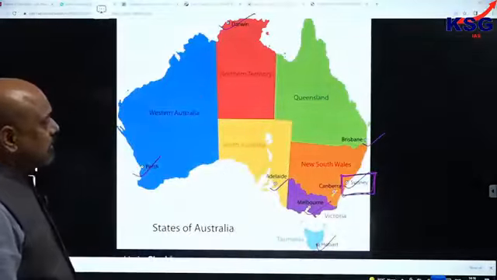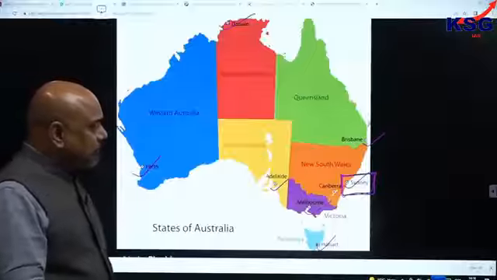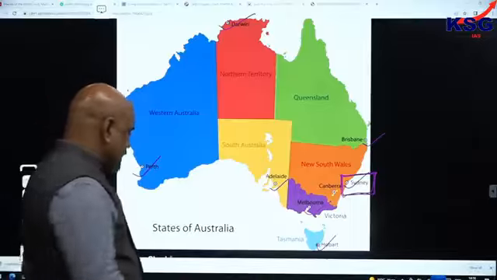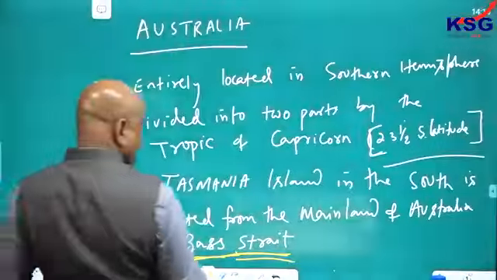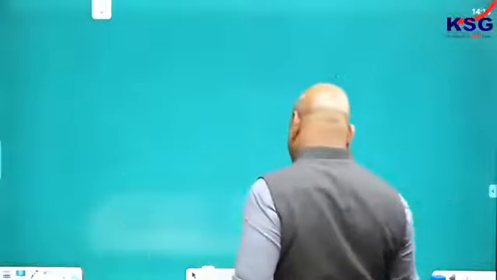I said Sydney. Let me again note down a few points here about these regions, okay. Political map.